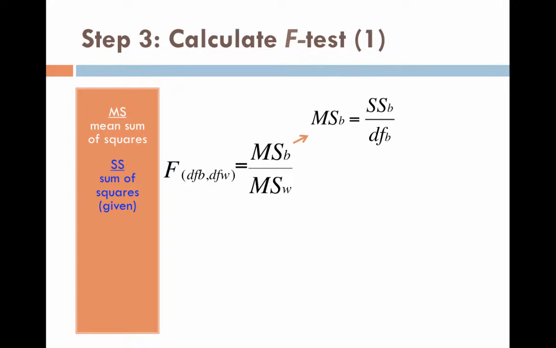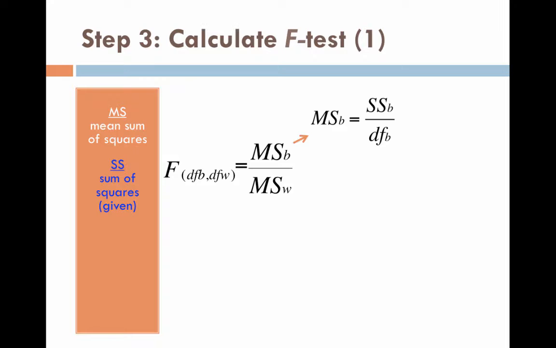This is simply SSB over DFB, where SSB is the sum of squares between groups over the degrees of freedom between groups. And we see that the sum of squares between groups is going to be given to you. So I will always give you this number. But your degrees of freedom between groups, that's something you have to calculate.